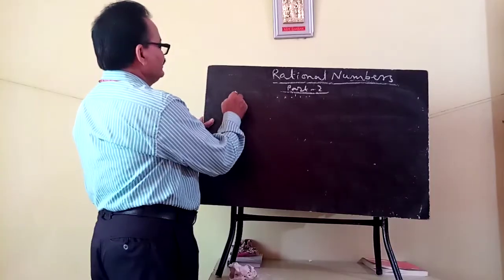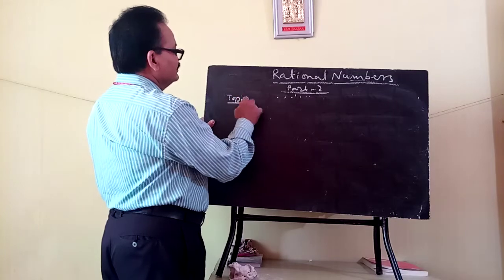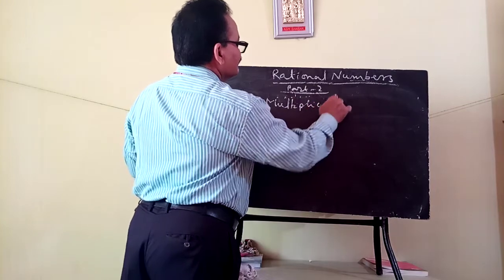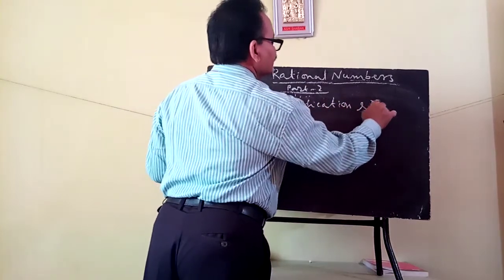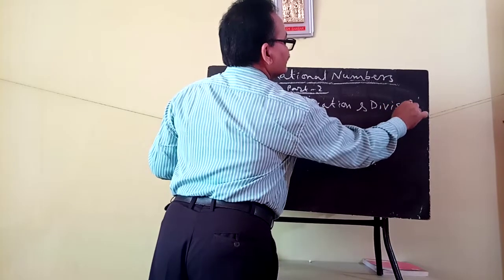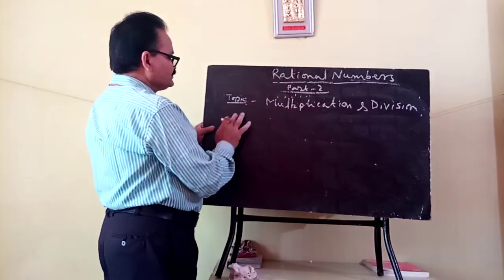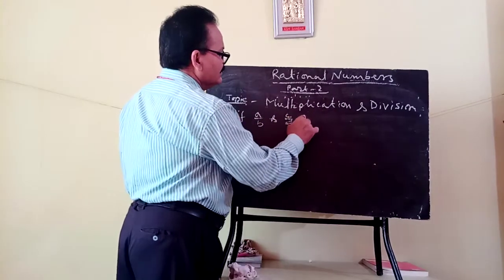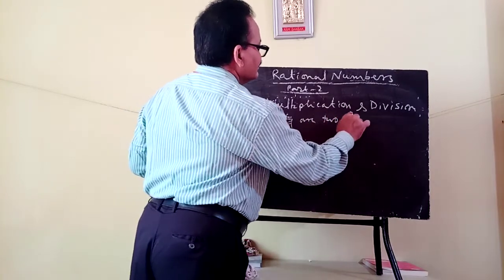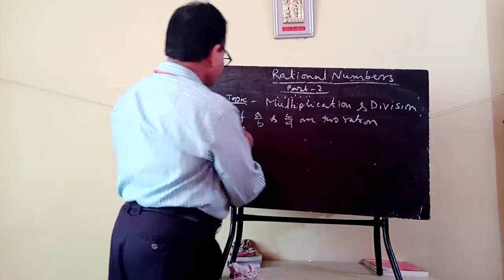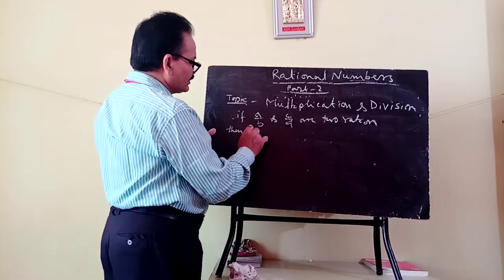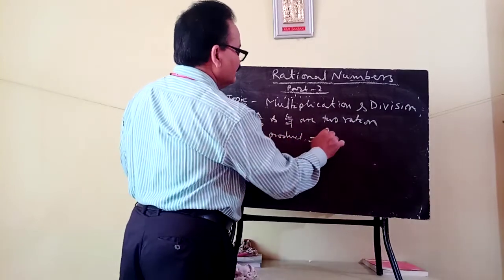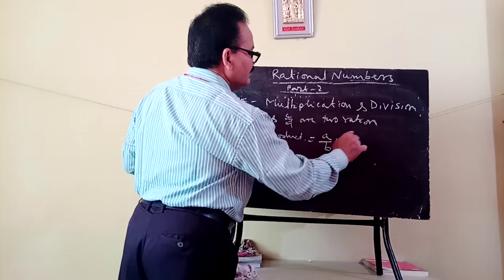Now your topic is multiplication and division of rationals. If A/B and C/D are two rationals, then their product will be A/B into C/D.